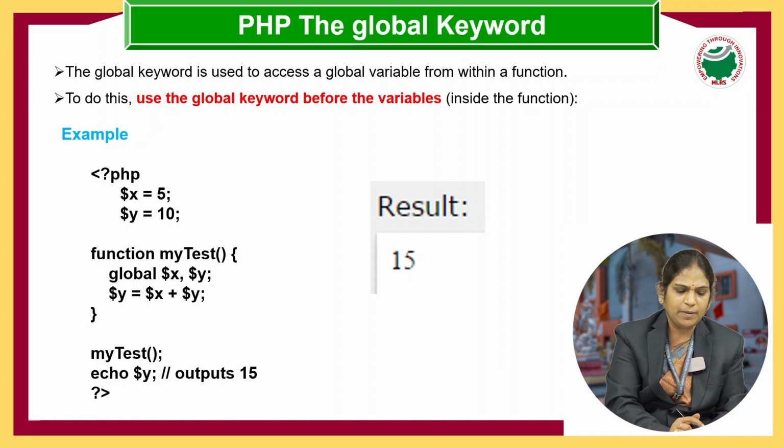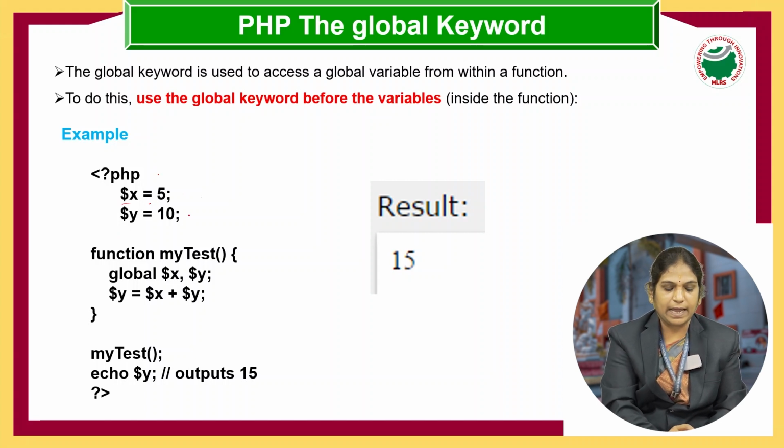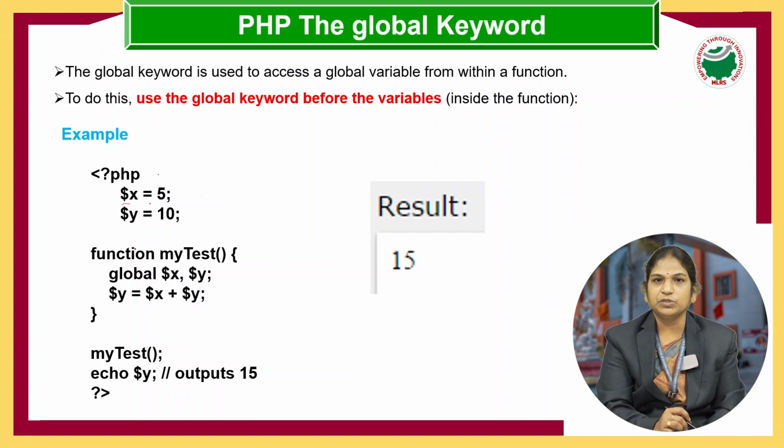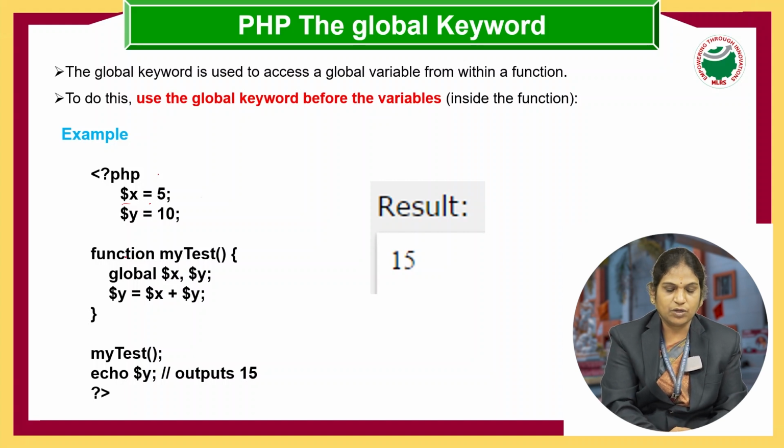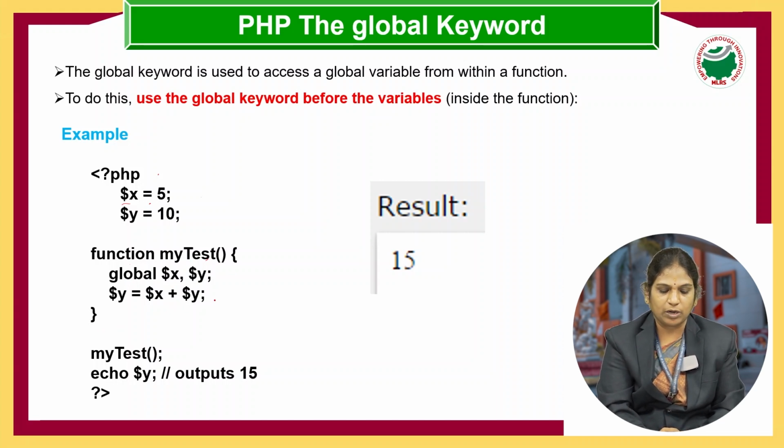For example, PHP: $x equal to 5, $y equal to 10. Then I am creating or declaring a function with the name myTest. Function is the keyword used to create or declare a function. So, function myTest, global $x, $y; $y equal to $x plus $y.